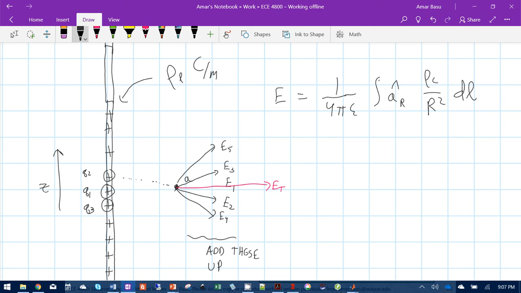So this dl is going to be dz. We're going to be integrating with respect to z. This is the general formula. And for this particular geometry, the dl is going to be dz, and our limits of integration are going to be from z equals negative infinity to infinity, because this is an infinitely long line of charge.